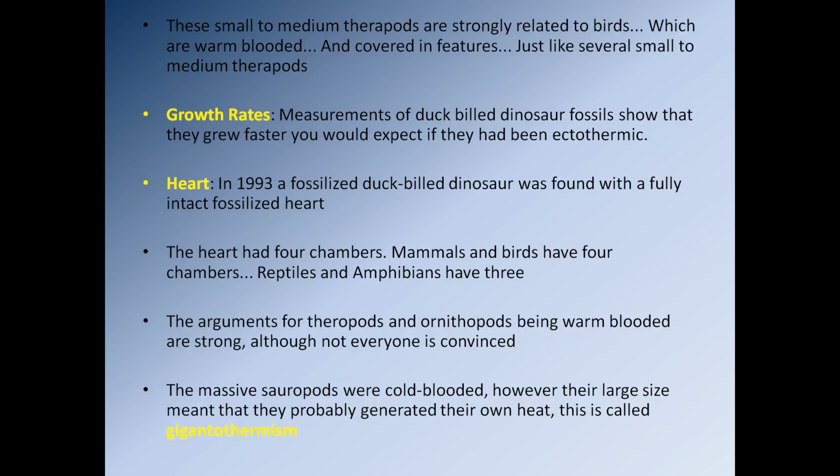When we look at the heart that is fossilized, we find that it has 4 chambers, like our heart. Mammals and birds have 4 chambers. Reptiles and amphibians have 3 chambers in their heart. So that is very strong evidence to suggest that, at least this particular duck-billed dinosaur may well have been warm-blooded.